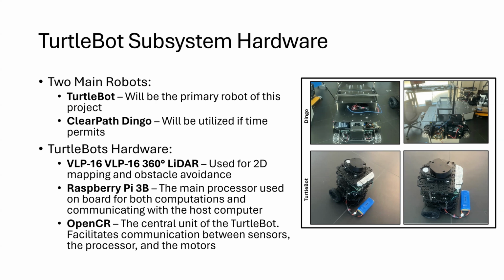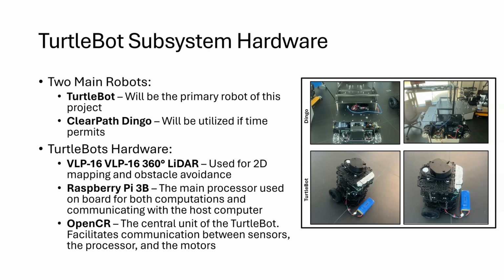The LiDAR enables environmental perception, and that will be used for 2D mapping and obstacle avoidance. The Raspberry Pi is the main processor, which is used to determine commands and obstacle avoidance and facilitate ROS topics. It has a built-in Wi-Fi module, which connects to the local network, which is how it communicates to the host PC.